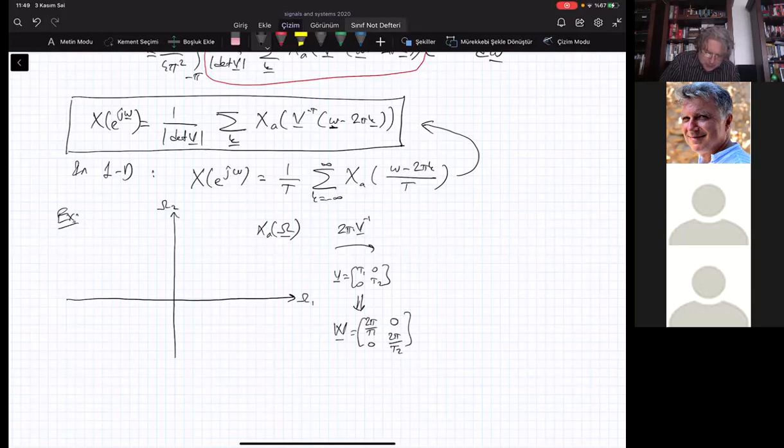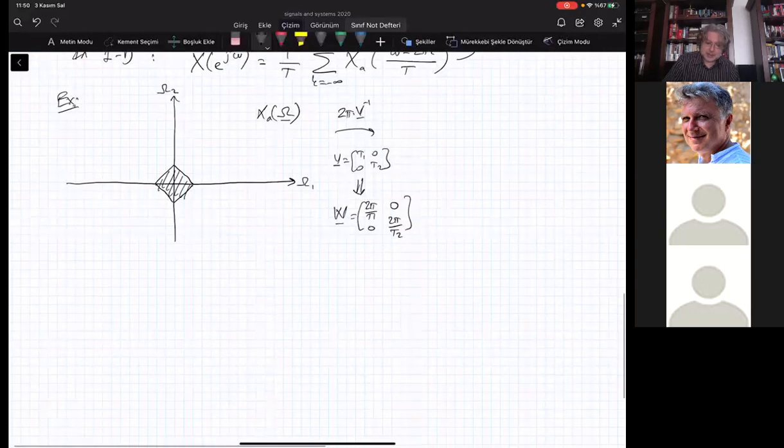Now assume that your shape here is like this. It's not a disc this time, but just a diamond shape like this, or a 45 degrees rotated square, which is indeed a diamond shape. And these 2 pi over T1 positions will now be where we repeat these diamond shapes.